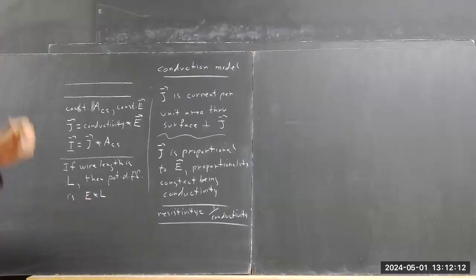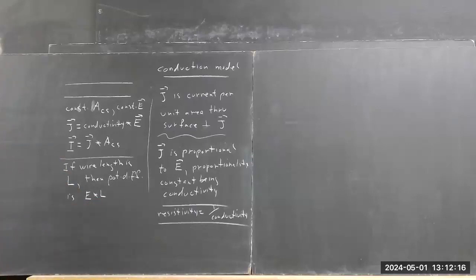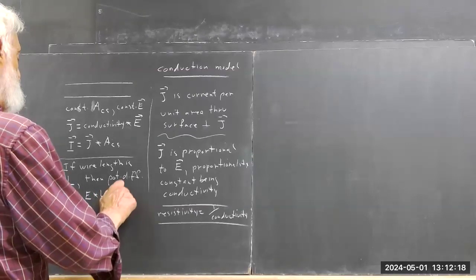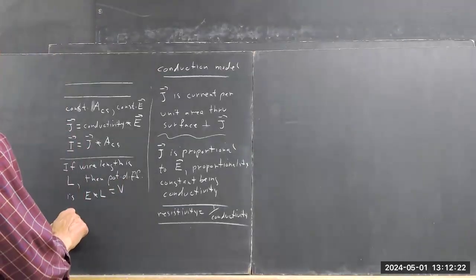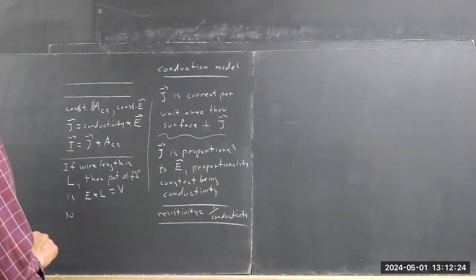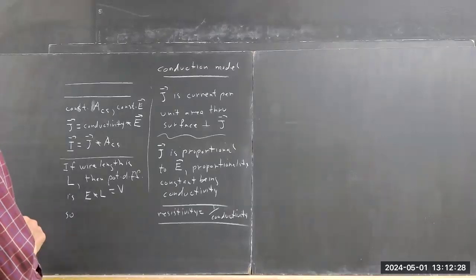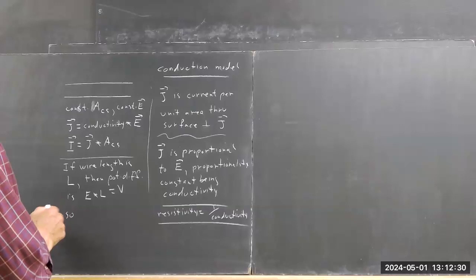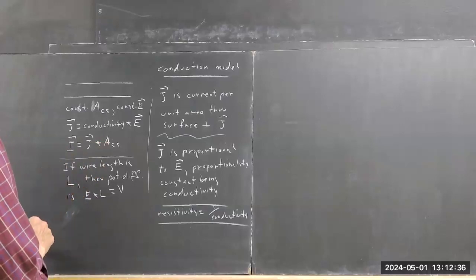If the bar has length L, the potential difference is E times L. Current is J times the cross section.